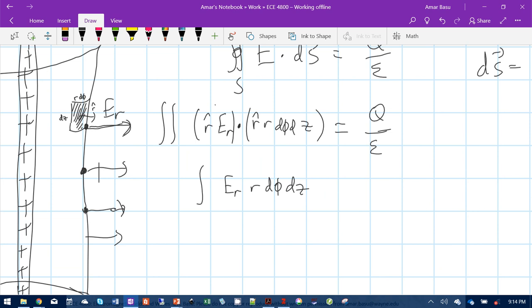Well, we have d phi and dz. So phi is going to go from 0 to 2 pi, right? 0 to 2 pi. And z is going to go from minus infinity to infinity. But I'm going to show you a way to do this that will make life a little bit easier. Z equals 0 to h.